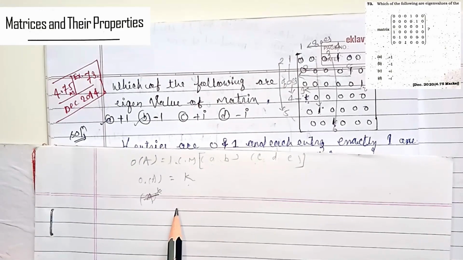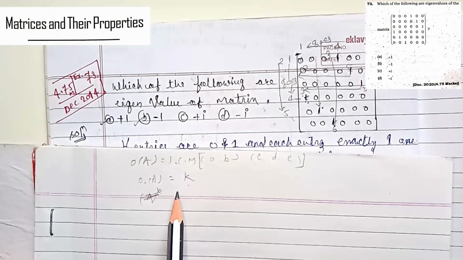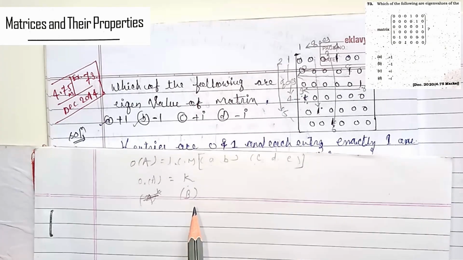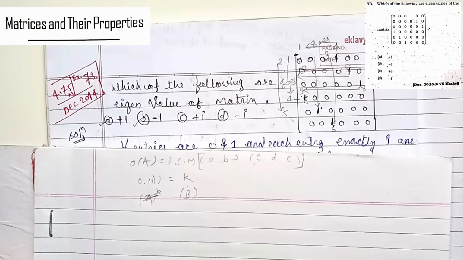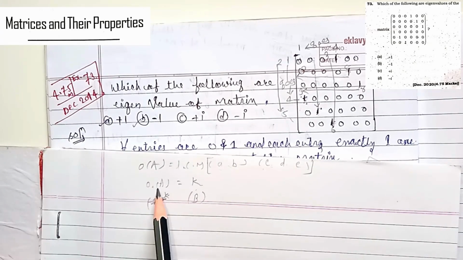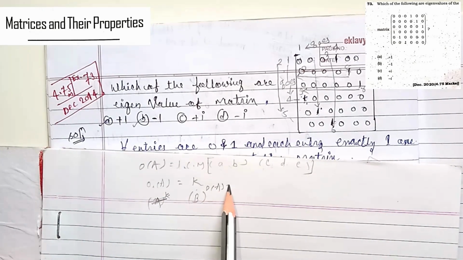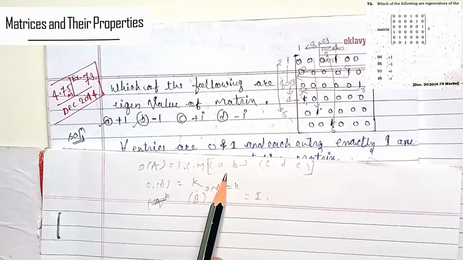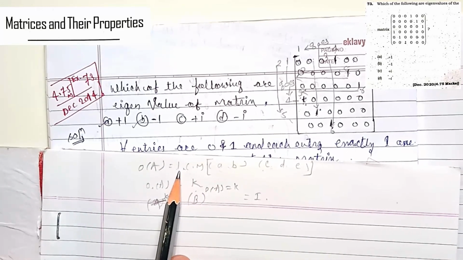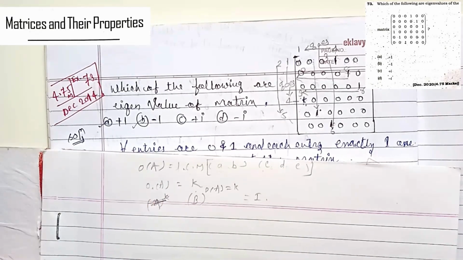Then this gives the matrix we have here. For example, if I consider B as the matrix here, we can write B to the power of the order of A, which is K, and we get the identity. This is the result we learn in group theory. Let me explain it one more time.